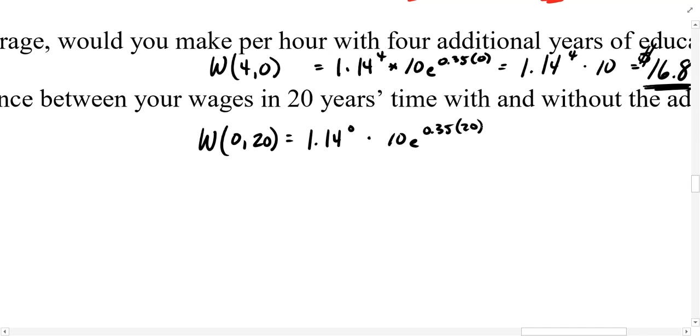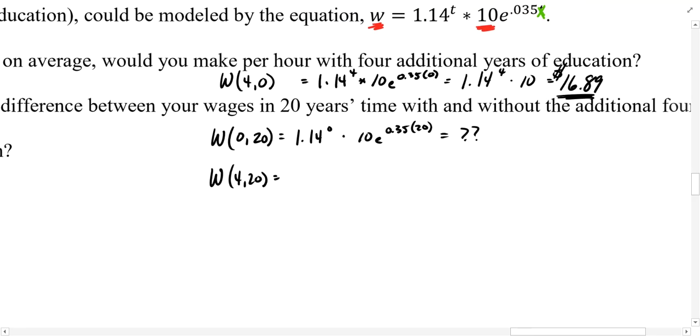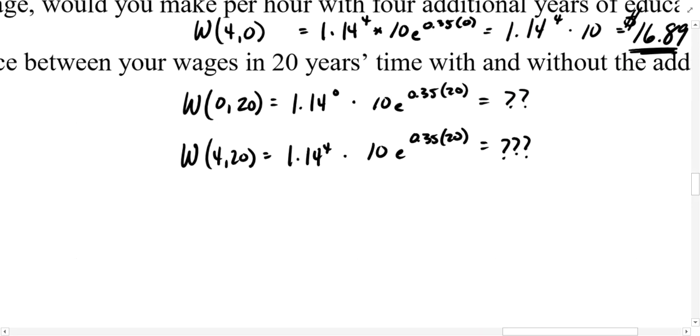So certainly you would see a raise in income if you spent 20 years at a job or 20 years in a career. But how would this number compare to this one? What if you did go to school for 4 years initially and then still experienced your 3.5% growth over 20 years' time? How much difference in your hourly wages would there be then?